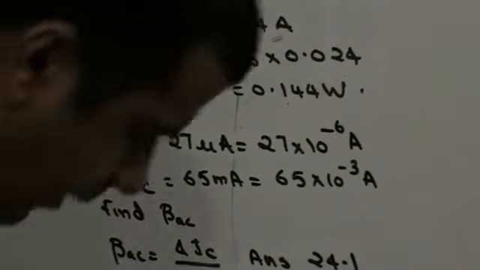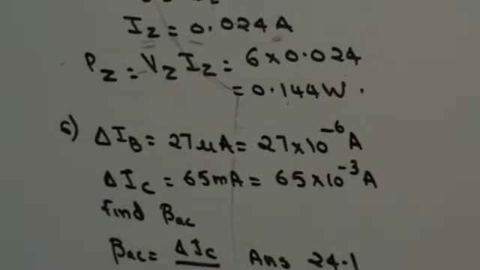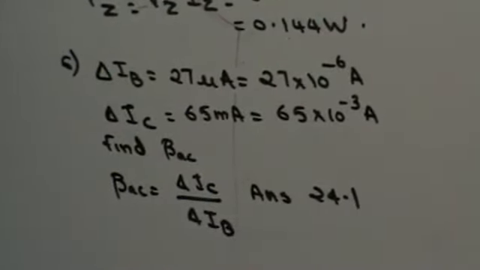In a common emitter amplifier, the input resistance is 0.5 kilo ohms and the output resistance is 45 kilo ohms.